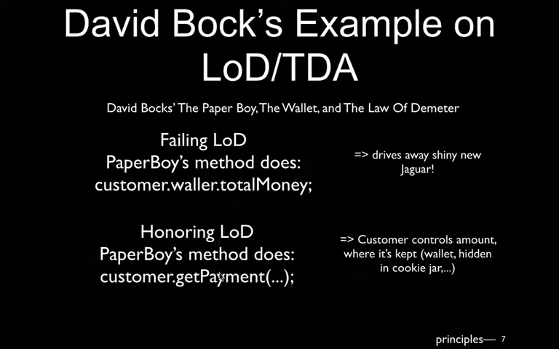In the case of honoring this, the paper boy calls the customer.getPayment method, and the customer controls how to get the money and return it. So that is something for us to think about in terms of how we model this: we need to say, hey, the responsibility of giving the money is the customer's, and you cannot let the paper boy breach that boundary.